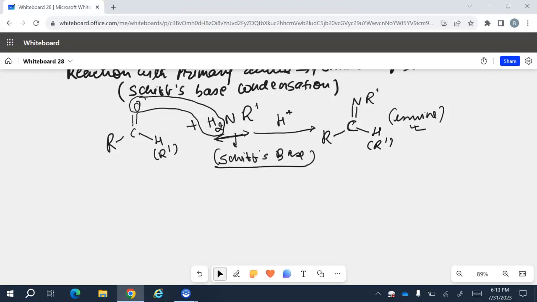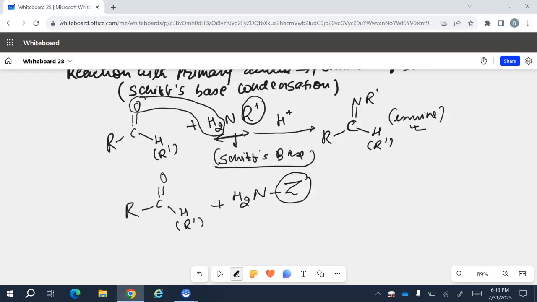So in this case, if we use any aldehyde or ketone, H or R prime, and we use the system containing an H2N NH2 group, and the other thing can be, in the primary amine it is R, but it can be any other group, say G can be any other substituent. The reaction takes place exactly in the same way.